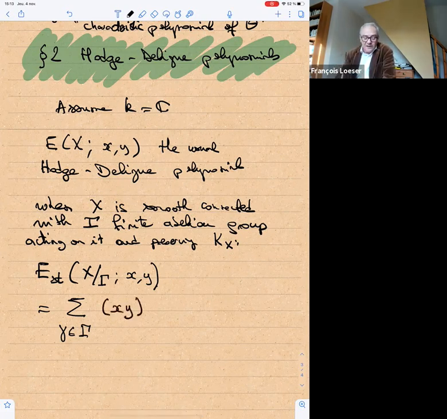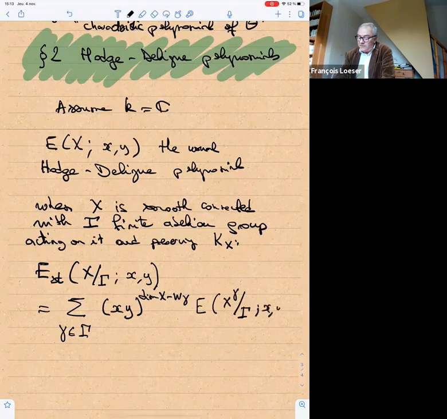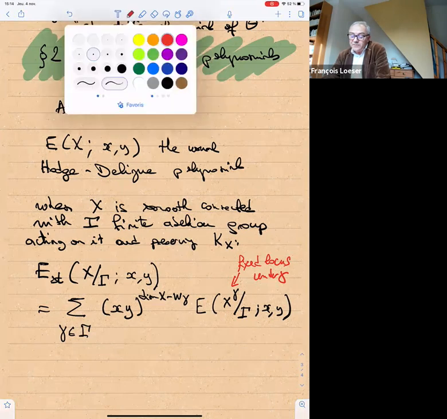And I have a factor like this, and a certain polynomial. This is just the fixed locus under gamma, and here I take the quotient, so it's a combination of Hodge polynomials.